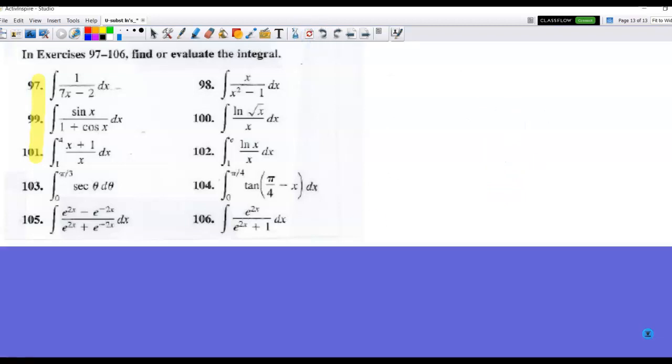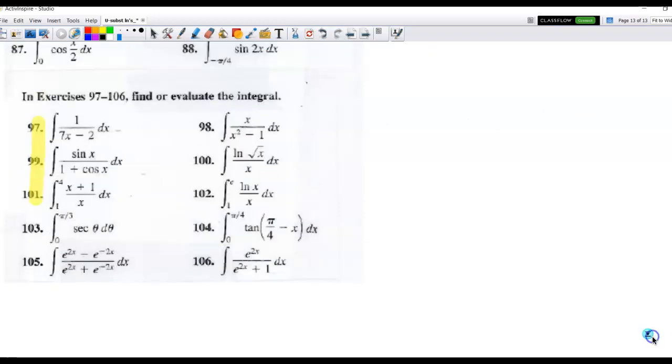Number 99, I have another rational function, where I have a function that has a fractional function. So I'm going to let u equal to the denominator of 1 plus cosine x. Du, the derivative of 1 is 0. The derivative of cosine, be careful, tricky trig, is negative sine dx.